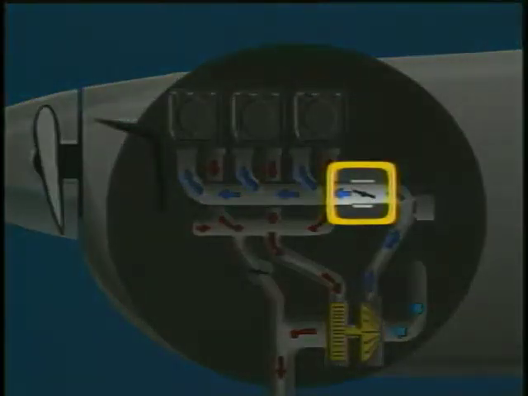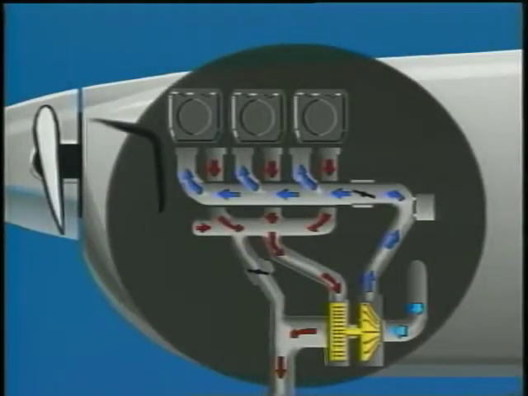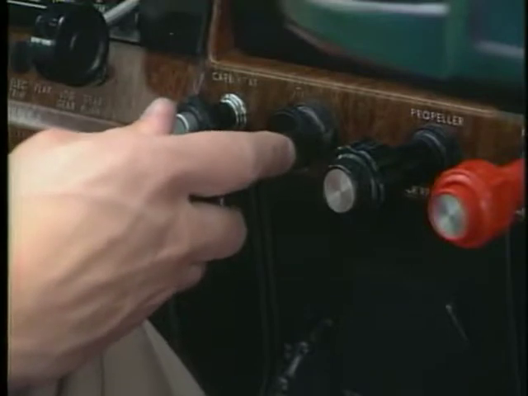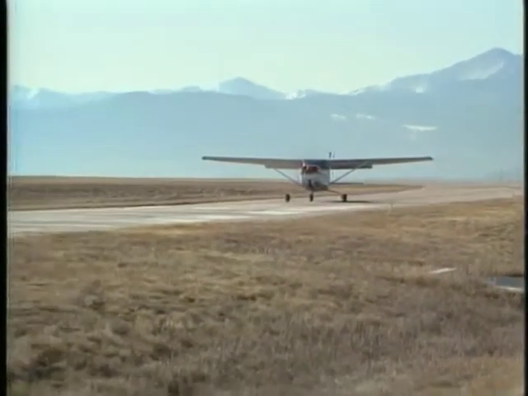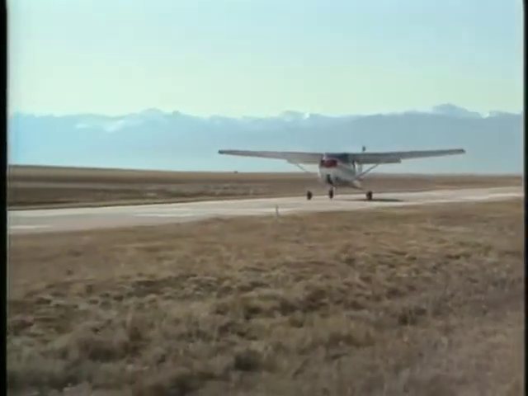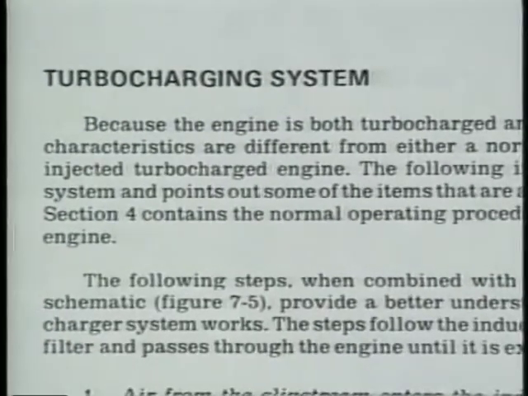When the throttle is moved forward, the wastegate moves to the closed position. When operating this type of system, you must give close attention to throttle operations, since excessive manifold pressures can be produced at low altitudes. For specific operating procedures on the turbocharging system you're using, consult the pilot's operating handbook or aircraft flight manual.